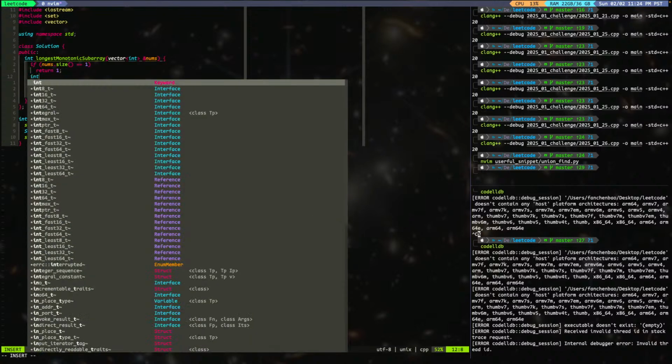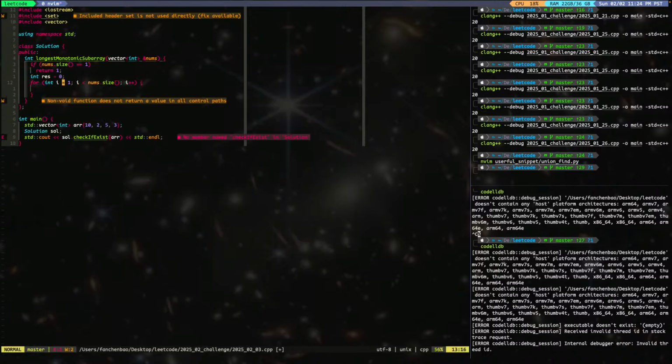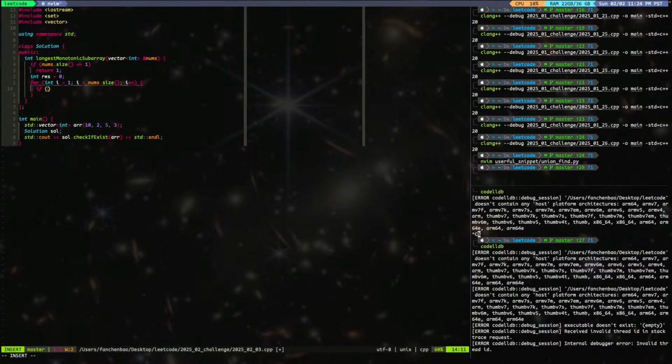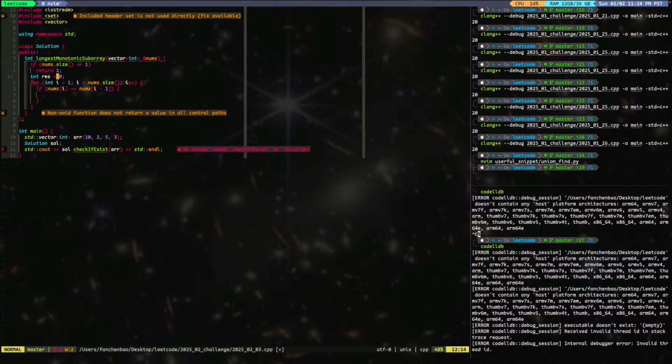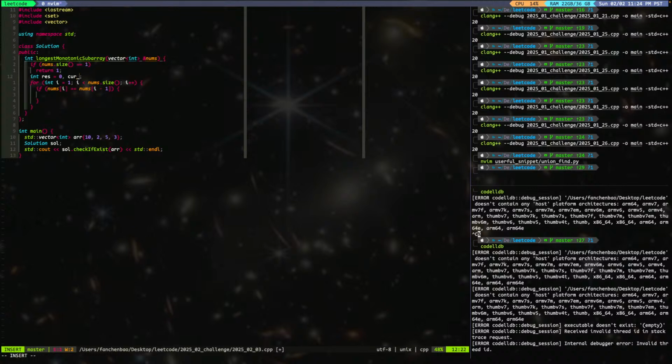We also have int res equal to 0. Let me say if nums[i] equal to nums[i minus 1]. Alright, and so current length, current, is equal to 0.